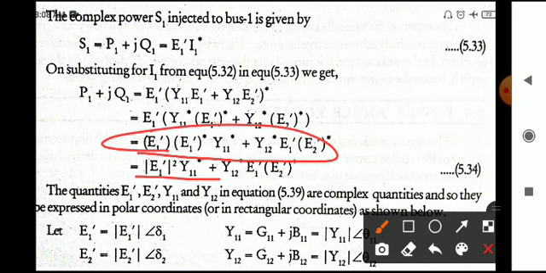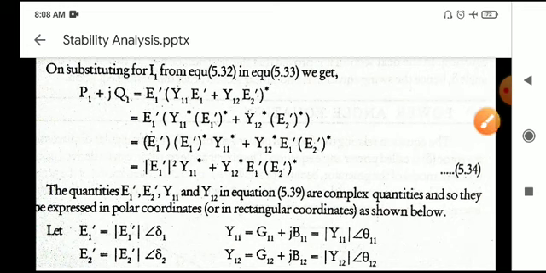The corresponding quantities E1', E2', Y11 and Y12 in the equation are complex quantities, so they can be represented using polar or rectangular coordinates. Here E1' and E2' are represented in polar coordinates, that is E1' angle delta 1 and E2' angle delta 2.